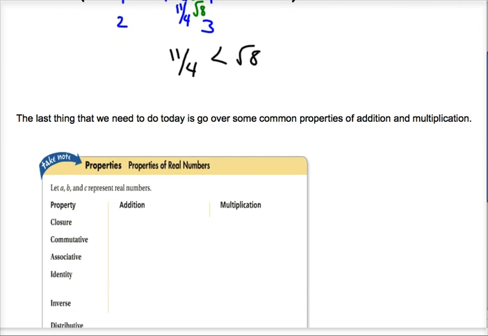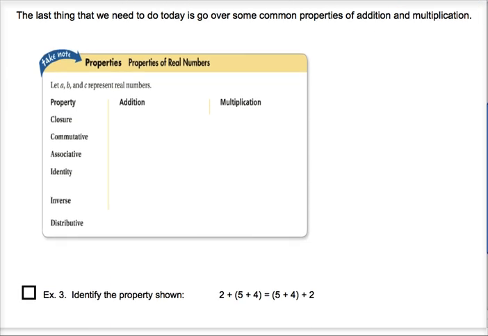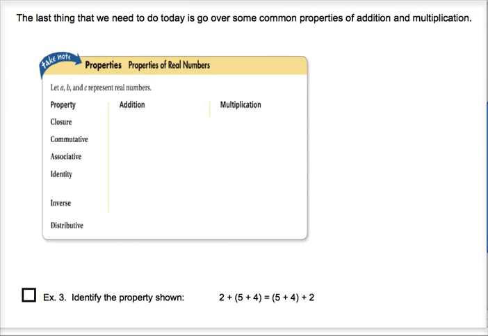And continuing on, the last thing we need to do is go over some common properties of addition and multiplication. I'm just going to scroll down on these. The real important ones that you can see come up on, say, an MCA or ACT test, they might refer to the commutative. And when I think of commutative, I think of the word commute, which, if you talk to your parents and they work in the city, that's what the commute is.